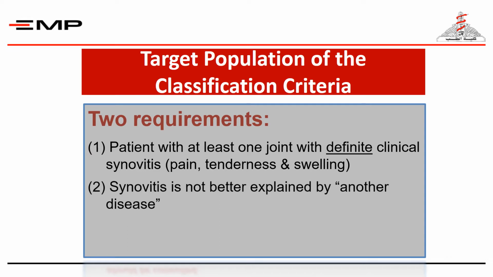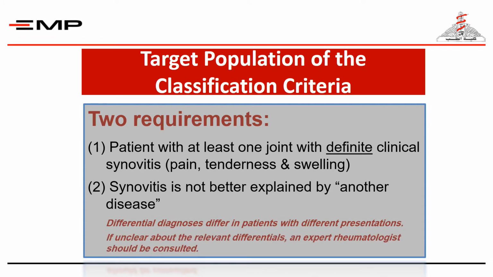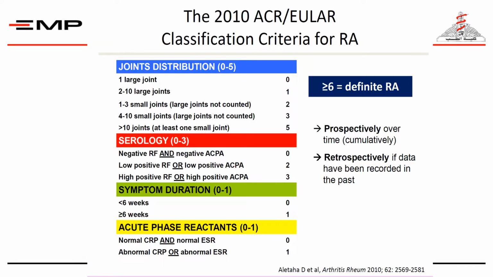Number two, synovitis is not better explained by another disease. It is not traumatic, it is not degenerative. So, if it is still unclear for our level, we have to ask the expert rheumatologist to be consulted.